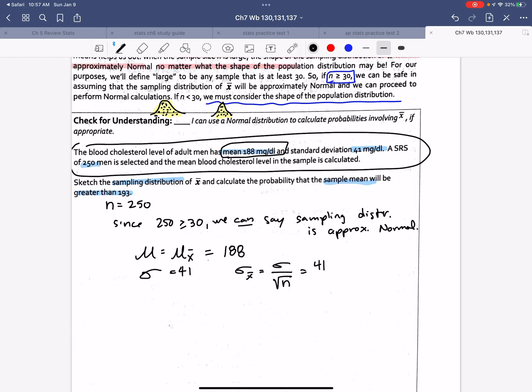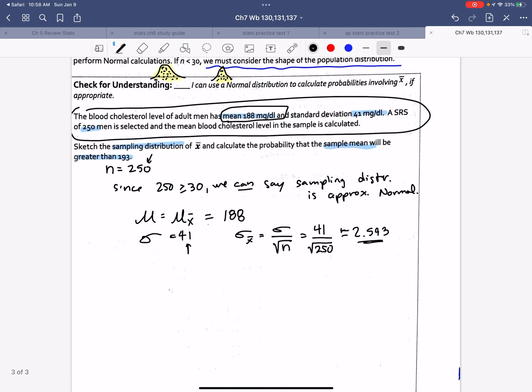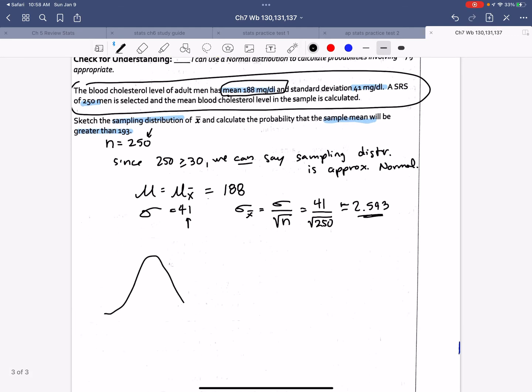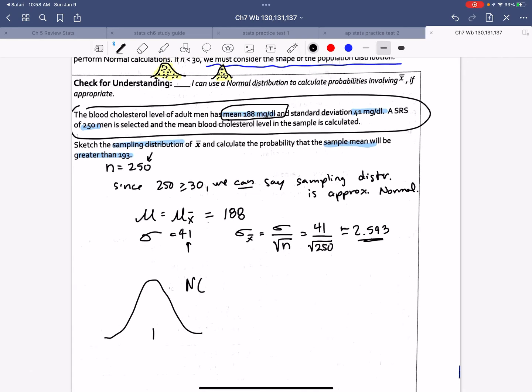So this would be 41 over the square root of 250, which makes the standard deviation 2.593. That's much narrower than 41 because n is such a large number. So sketch a picture of our sampling distribution. It centers at the same number, 188, but the standard deviation is much narrower, 2.593.